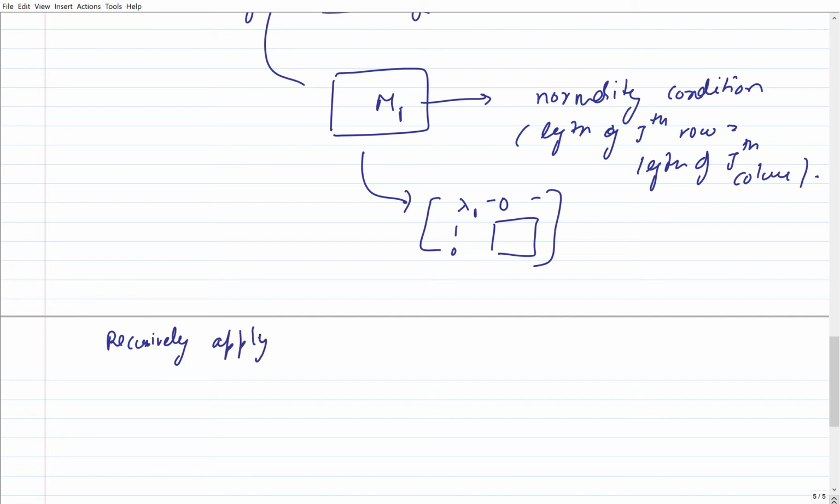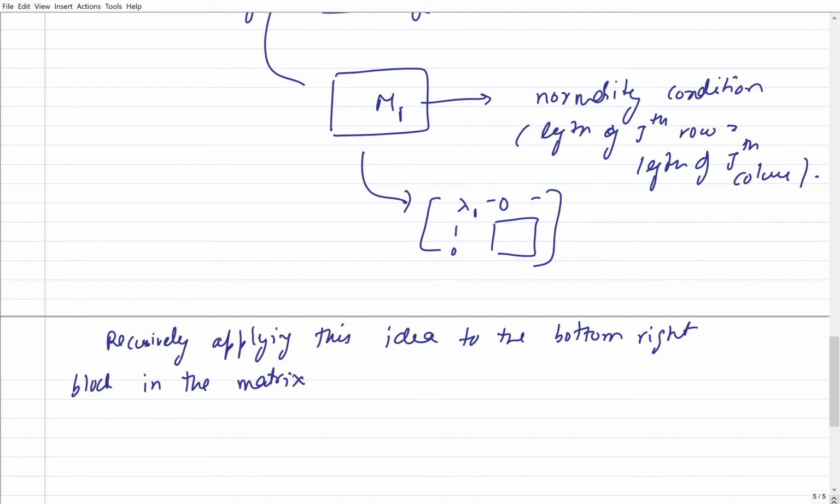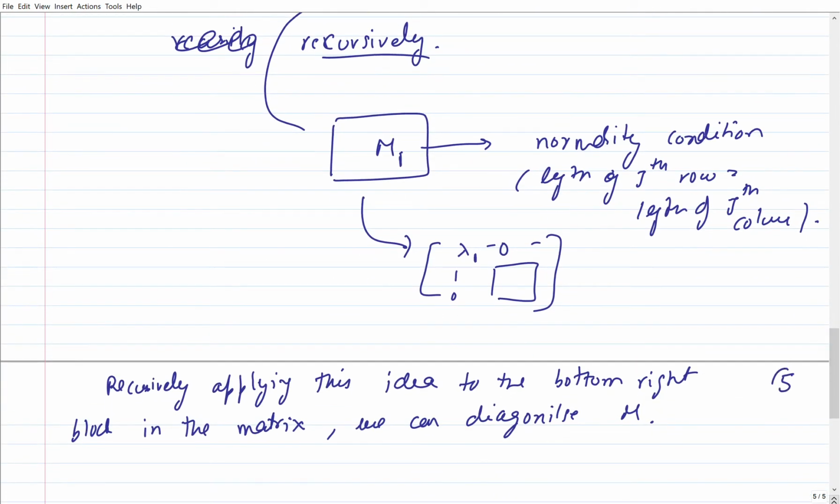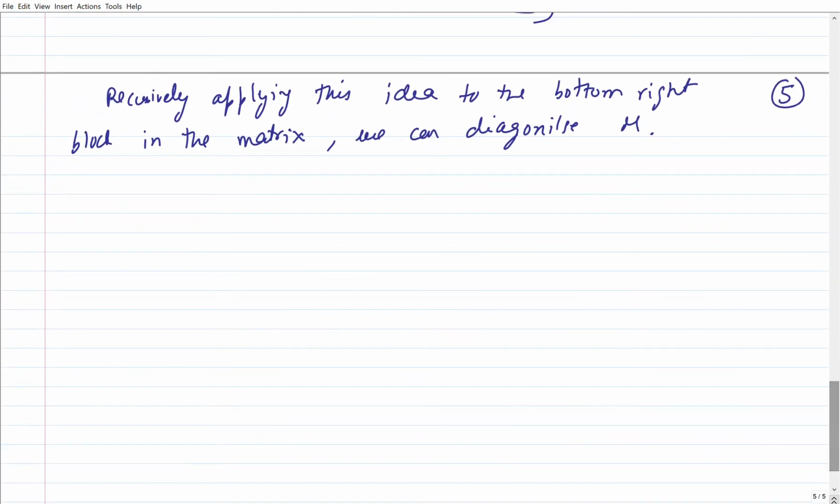Recursively applying this idea to the bottom right block in the matrix, we can diagonalize M. So how beautifully we have shown the connection between normal matrices and the ability to diagonalize it.